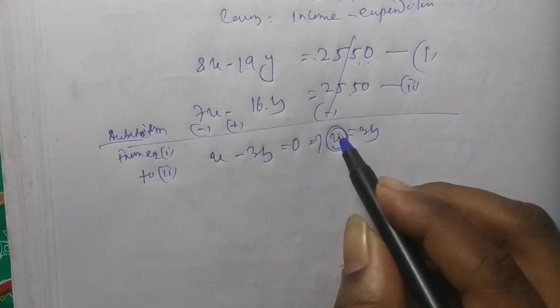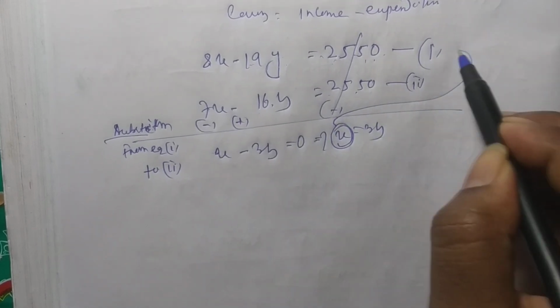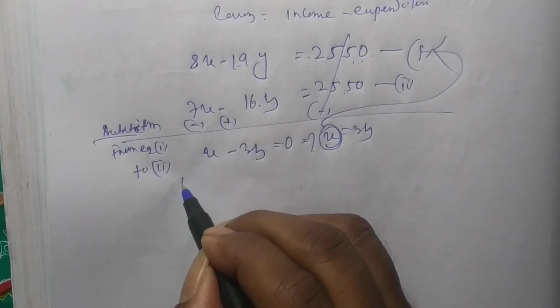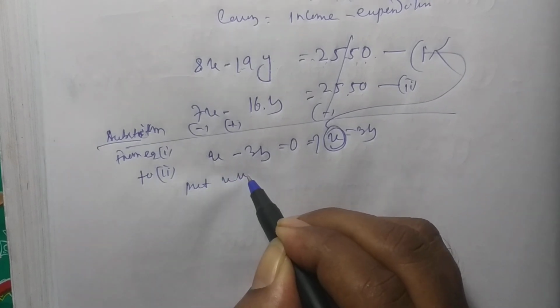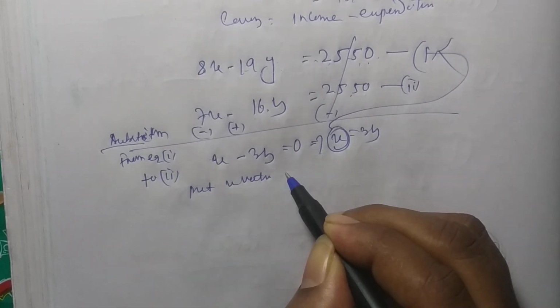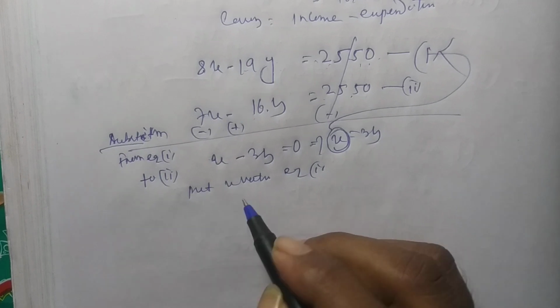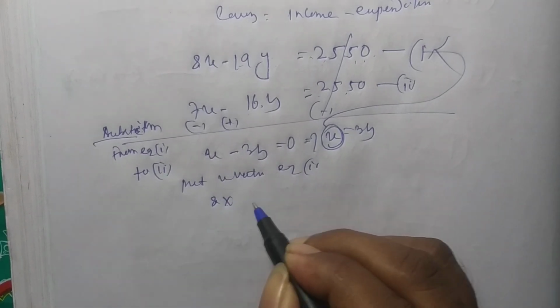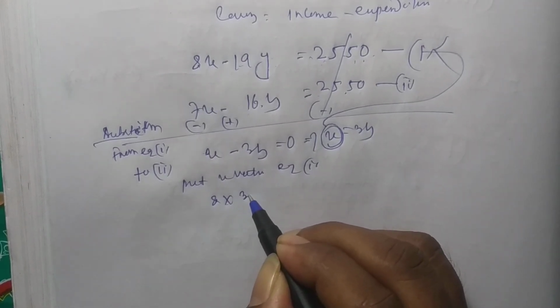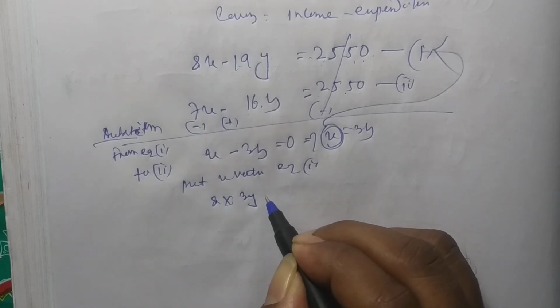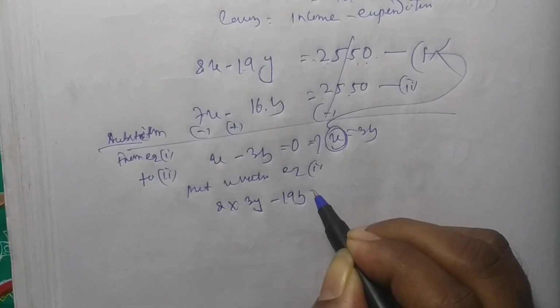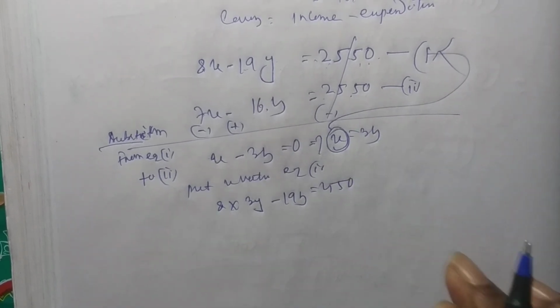This x value will be put in equation 1. So 8 into 3y minus 19y is equal to 2550.